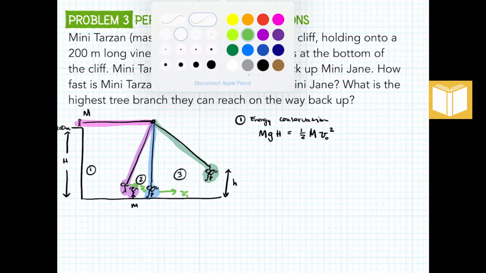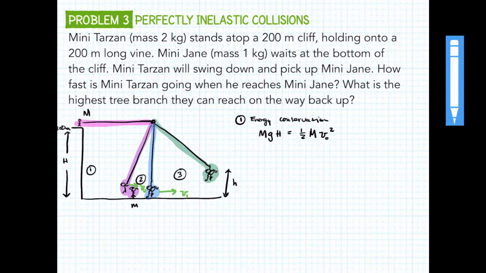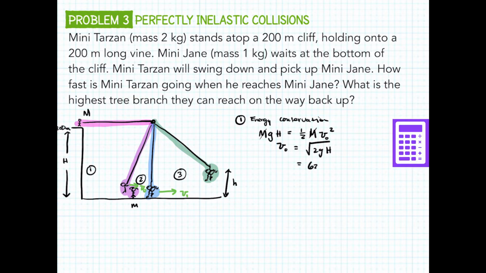So we can cancel out the m's, and we get our initial velocity, which is going to be the square root of 2gh. Okay, and we can actually figure that out. So the square root of 2gh, this is what happens before the collision, is going at the breakneck speed of 62.6 meters per second. Okay, so like I said, unrealistic speeds, okay?